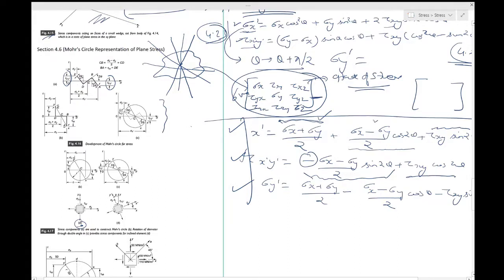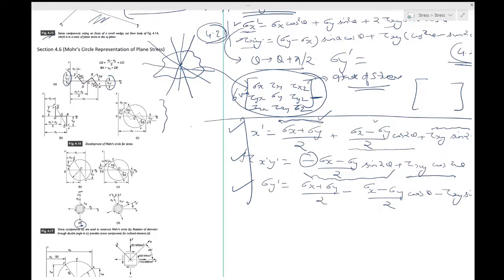Now to construct the Mohr circle in 4.17b, you have to proceed in the way described below. Use the sign convention of the stress components just given. We locate the point x with coordinates sigma x and tau xy, and the point y with coordinates sigma y and tau xy.